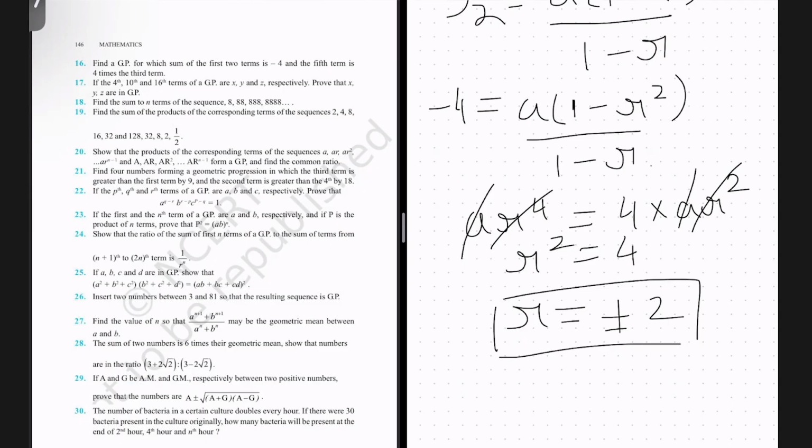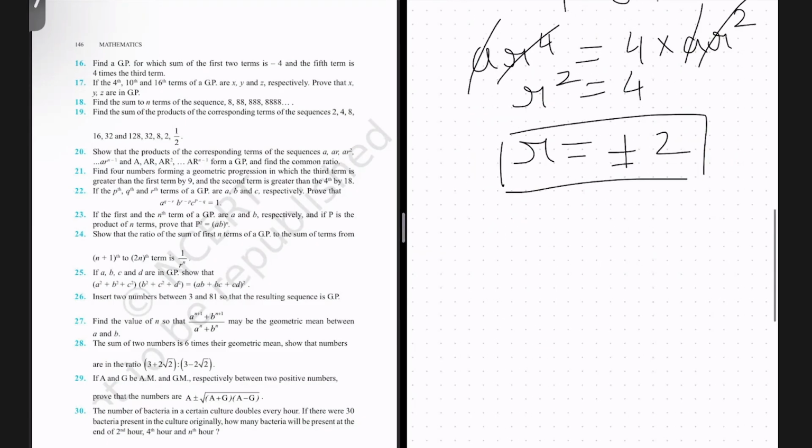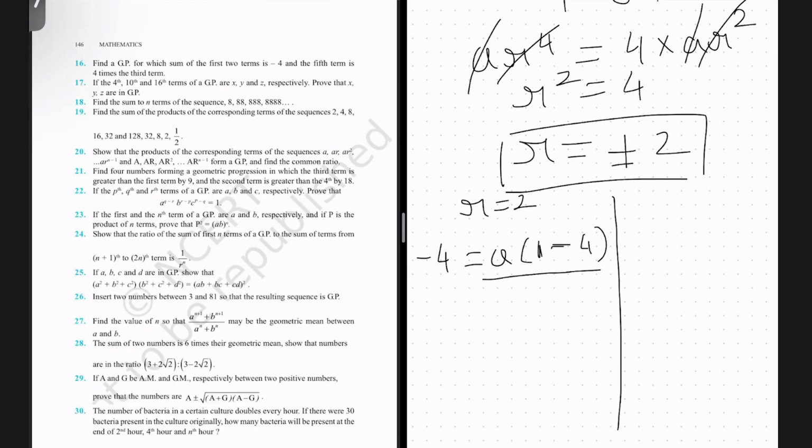Using the values here, let us solve for r. First solve for r equals 2, and subsequently we are going to be solving for r equals -2, right? So for r equals 2, we have -4 equals a, 1 - r^2 is now going to be 1 - 4, and in the denominator you have 1 - 2, so that is going to be -1, right?